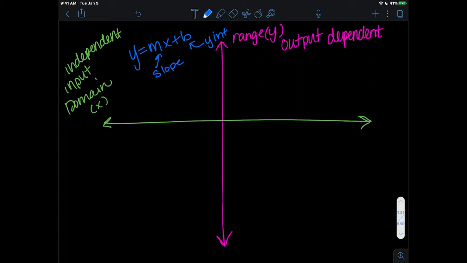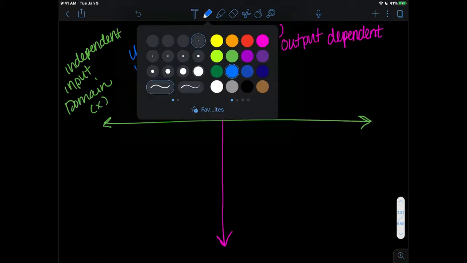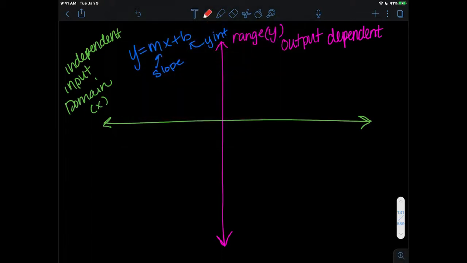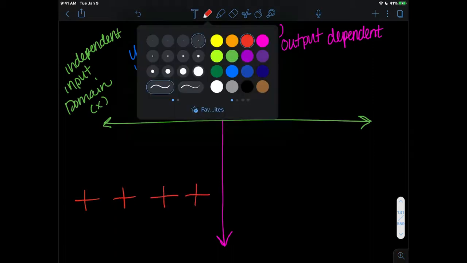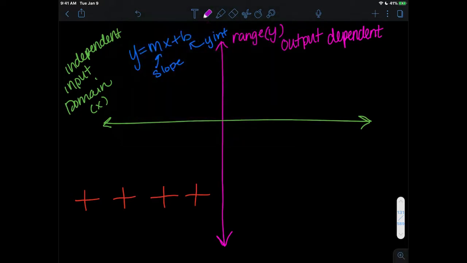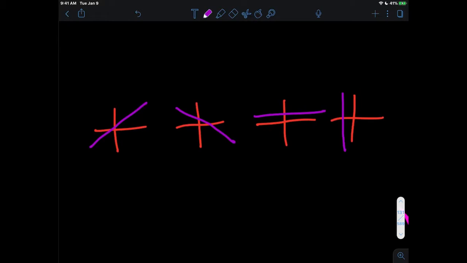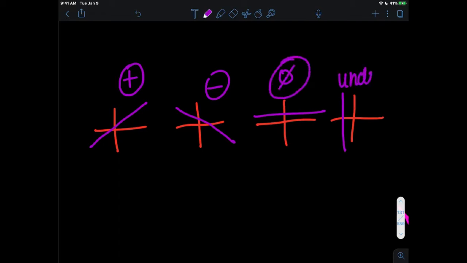Okay? So, before I get into that, let me take another step out, and I'm going to tell you about the different types of slope. There are 4. So imagine that each one of these is a graph. Okay. Those purplish pink lines are going to be my 4 different kinds of slope. There's positive, negative, 0, and undefined.